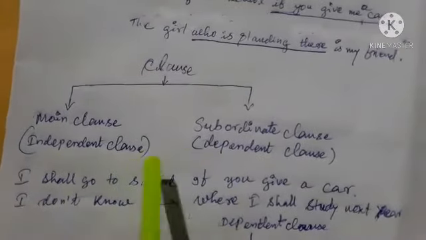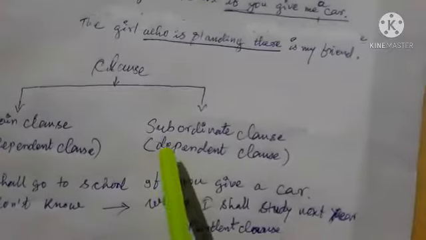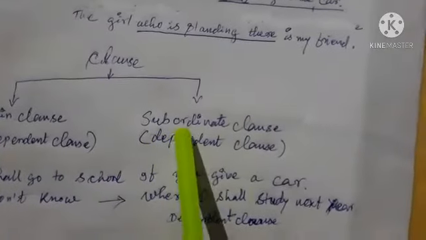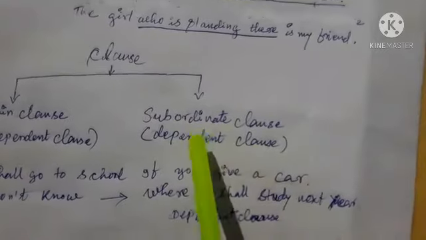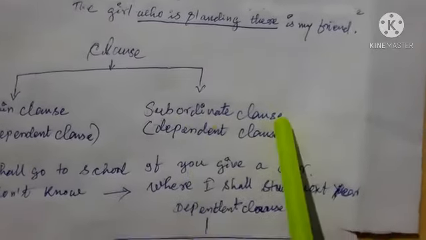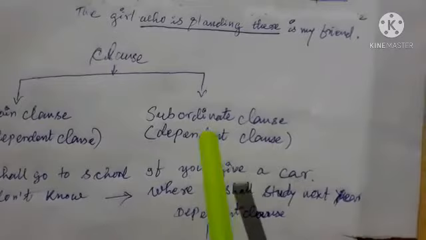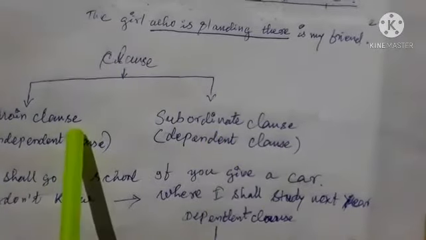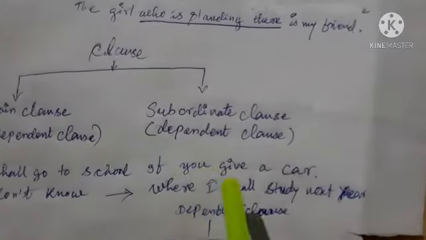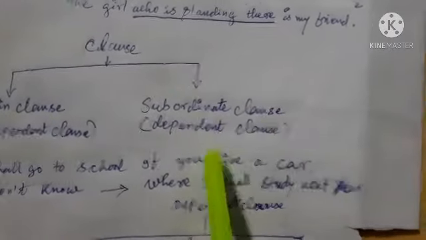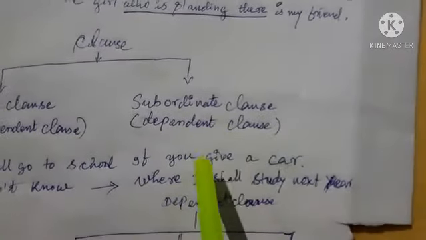Let us see another type of clause, that is the subordinate clause or dependent clause. So what is a subordinate clause? It is just contrary to the main clause. It depends upon the main clause for full meaning. It cannot stand by itself for complete meaning.